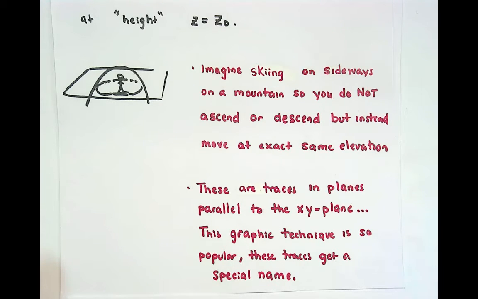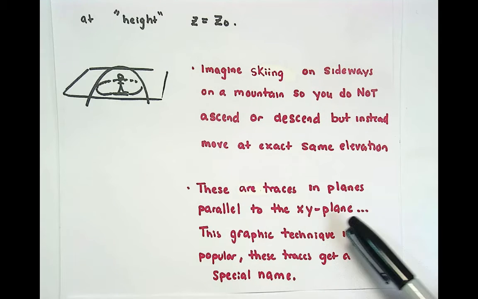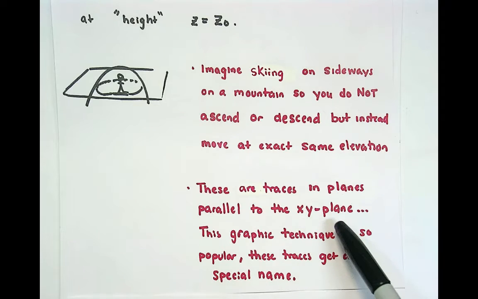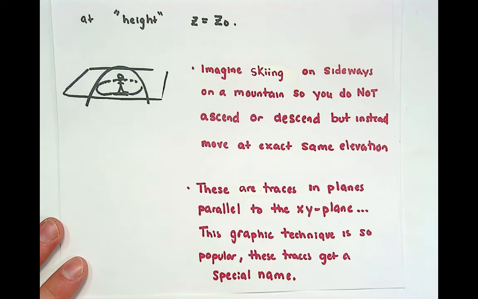They show up in the optimization fields. I mean, you name it, these things show up in economics. They're all over the place. And so not always is it useful to look at planes in the XZ and YZ direction. These contour curves that come from intersecting planes parallel to the XY plane are such special traces that they get their own name. So that's the short way to think about this.